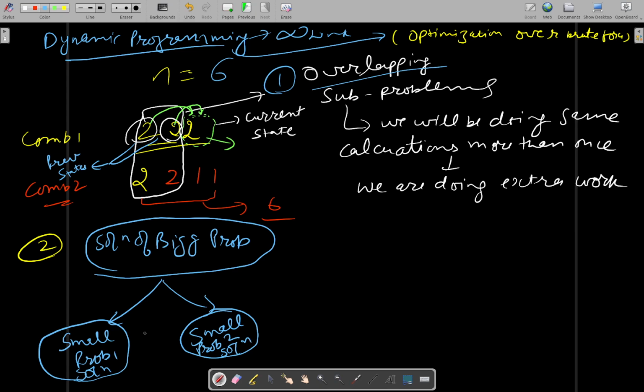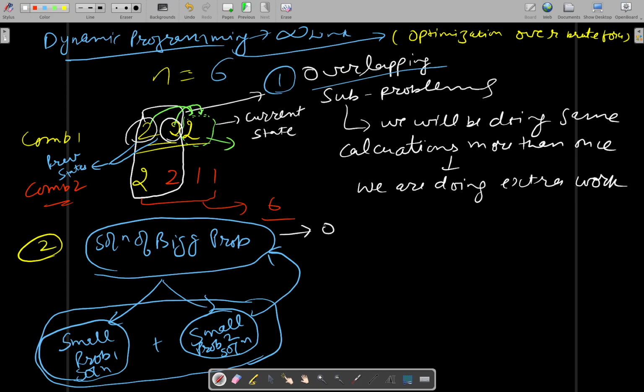So you can combine the solutions and then easily form the solution of the bigger problem. What I mean to say is, first of all, this property is called optimal substructure.